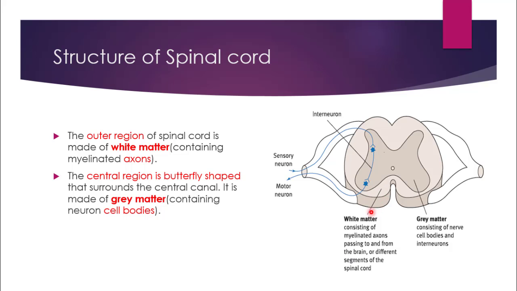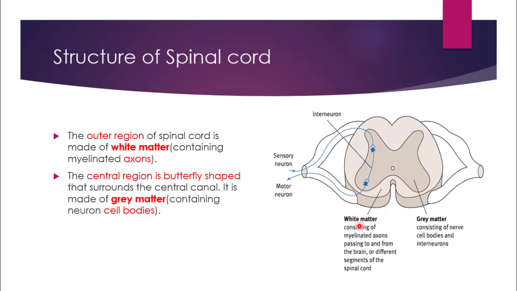So the outer region of spinal cord, which means this area, is white matter, which consists of myelinated axons passing to and from the brain or different segments of the spinal cord. This myelinated axon is an important part of neuron, which is surrounded by a fatty layer called myelin sheath. That is why it is called myelinated axons. And their basic function is to conduct the nerve impulses away from the cell bodies. So this is the first part of the spinal cord, white matter.